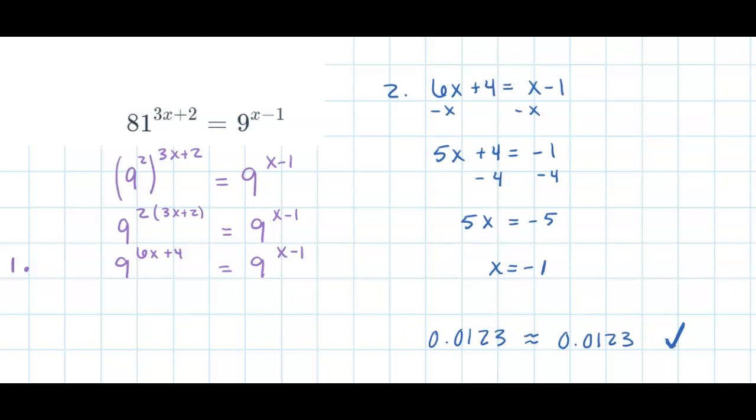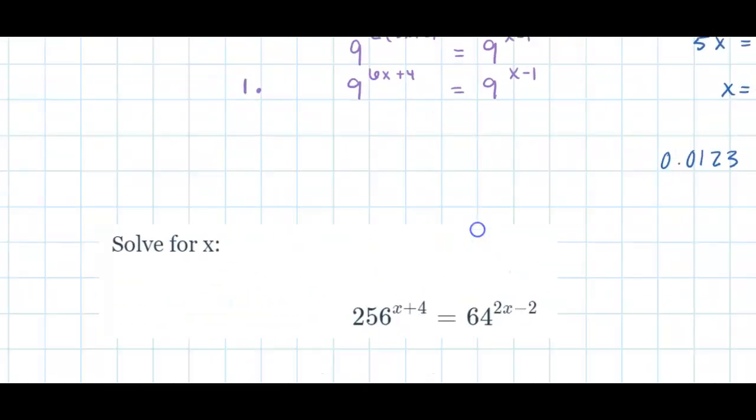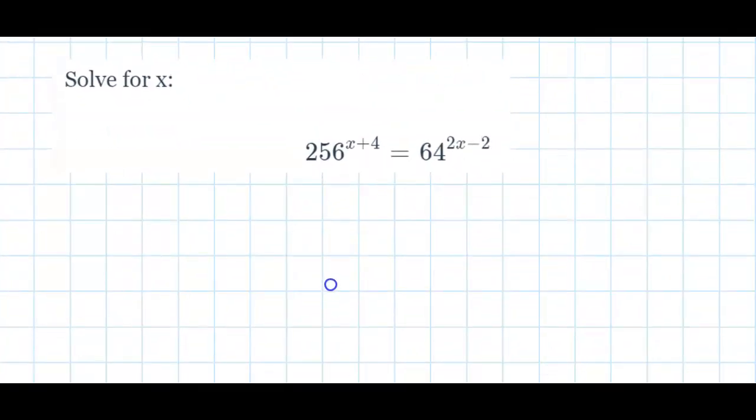Therefore, the equation is balanced when x equals -1. The left side equals the right side. And let's do one more.